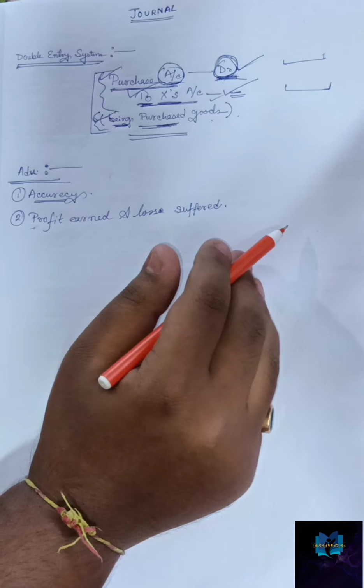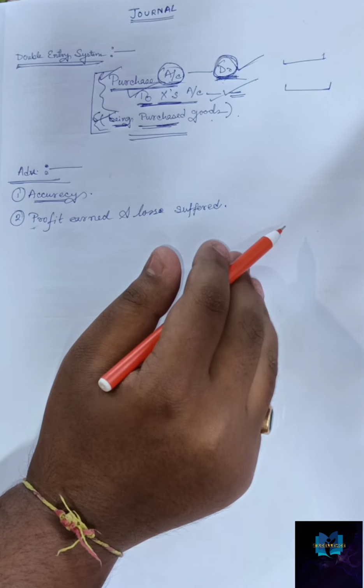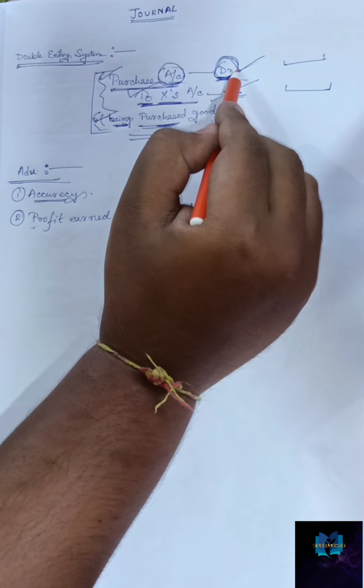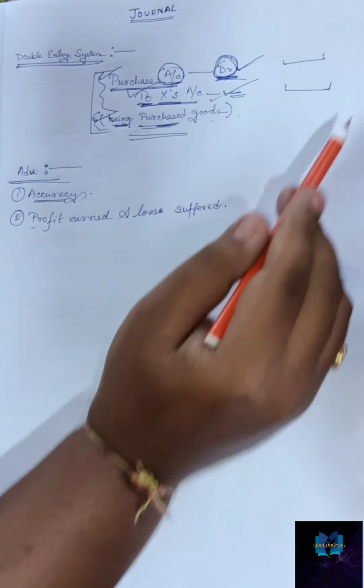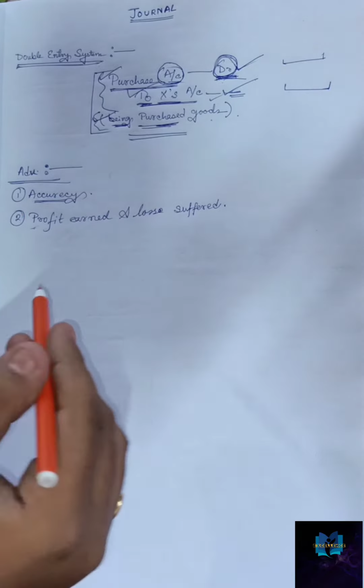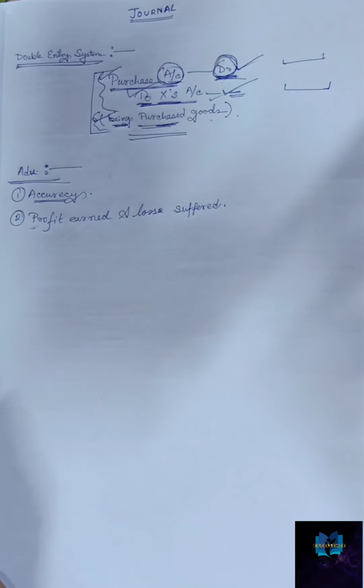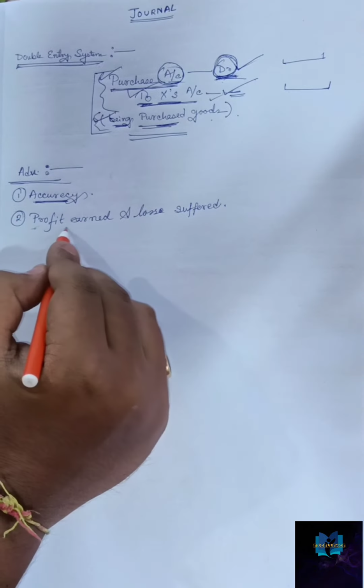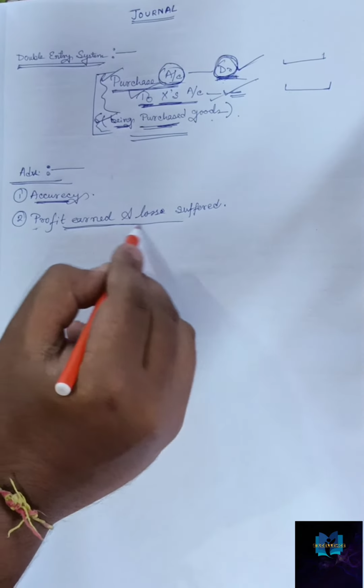We can say profit and loss, because the profit and loss is determined by comparing the total of the debit side and the total of the credit side. So the trial balance gives us whether we are in profit or in loss. As it is giving the accuracy, it is also giving us the profit earned or loss suffered.